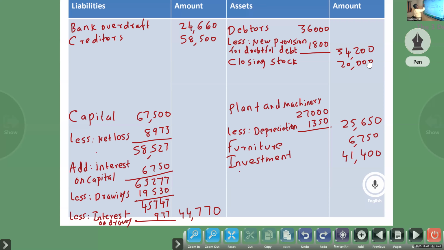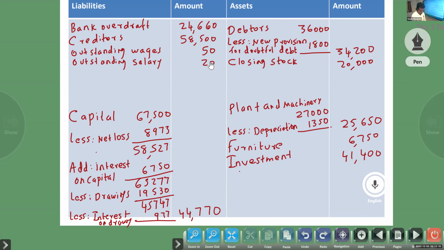Outstanding wages, liability, 50. Then outstanding salary, that is also a liability, 20. Next, depreciation, we wrote. Provision for doubtful debt, we wrote. So completed.